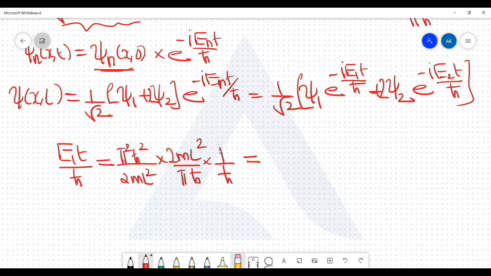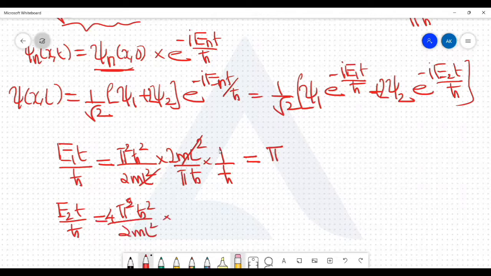Everything will cancel and you will get pi. And your E2 t by h cross: E2 is n equal to 2, therefore 4 pi square h cross square by 2m L square into 2m L square by pi h cross into 1 by h cross. This is 4 pi.